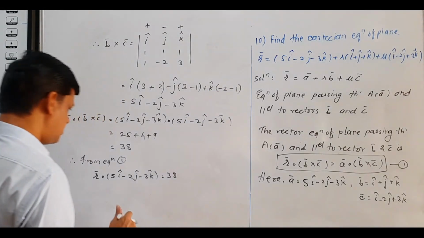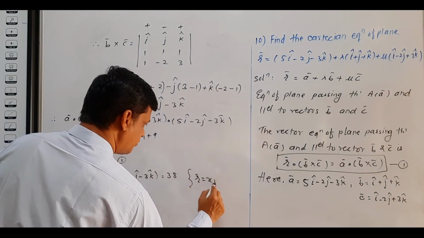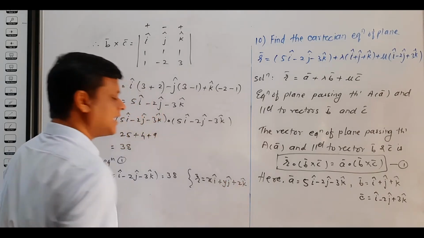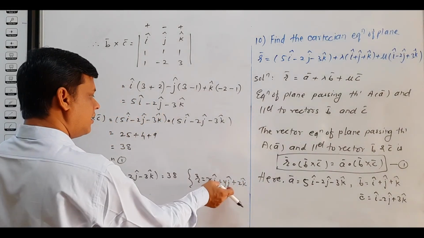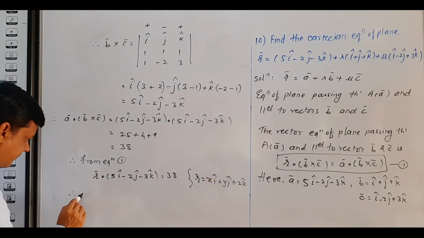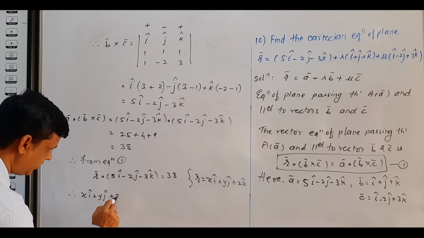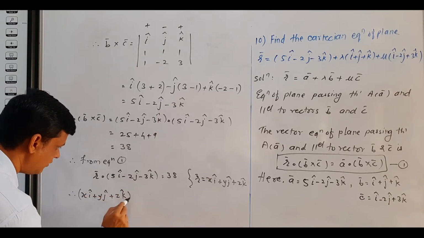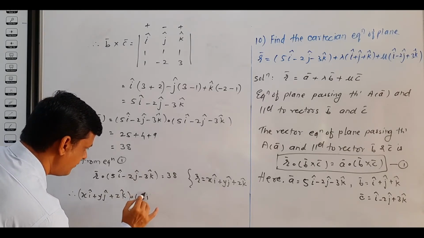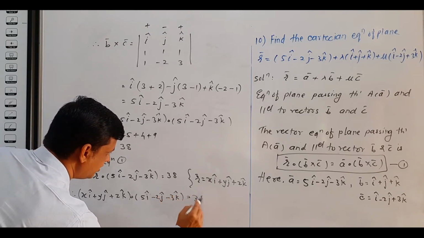So for Cartesian form we write this R bar is equal to xi plus yj plus zk, because R is any point and we take the coordinate of any point as x, y, z. Therefore xi plus yj plus zk dot 5i minus 2j minus 3k is equal to 38.